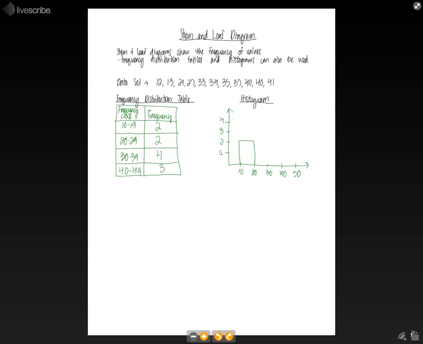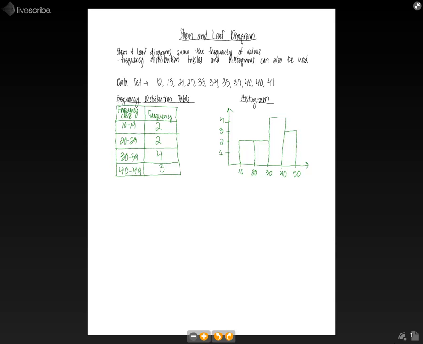Same thing with 20 to 30, we have 2, then we go up to 4 for the 30 to 40 group, and the 40 to 50 group is at 3. So that is what a histogram would look like, just recording the frequencies of our different frequency classes or bins.